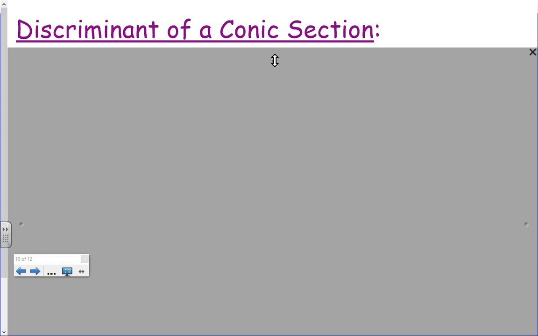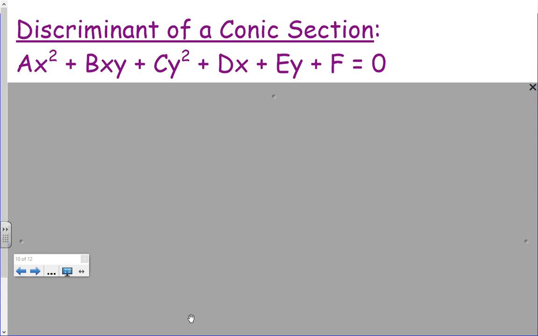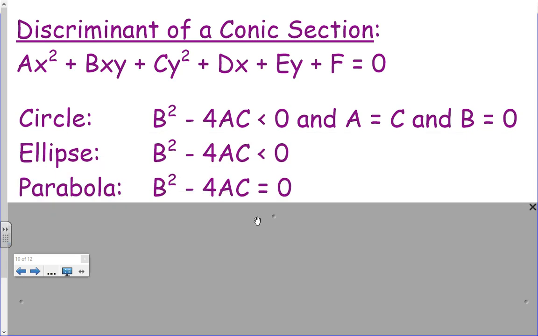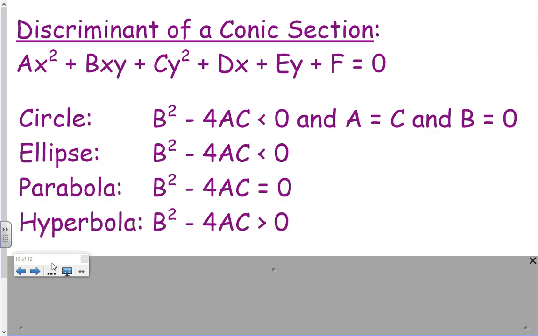So given a conic equation here, or the equation of a conic in Cartesian form, ax squared plus bxy plus cy squared plus dx plus ey plus f equals 0, it turns out you can determine the conic based on the relationship of a, b, and c. So here we go.